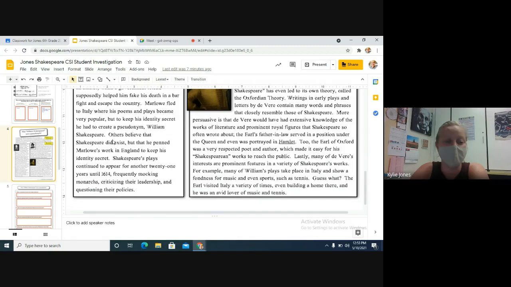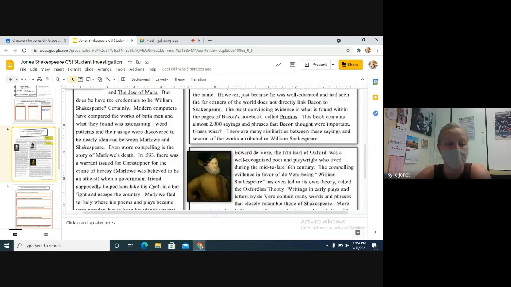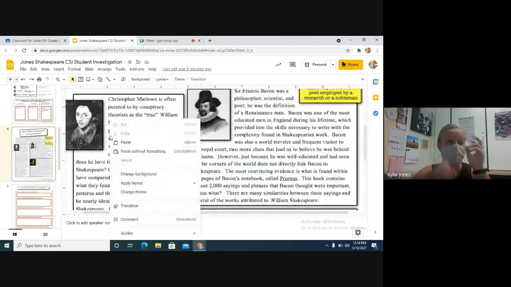Others believe that Shakespeare did exist, but that he penned Marlowe's work in England to keep his identity a secret. Shakespeare's plays continued to appear for another 21 years until 1614, frequently mocking monarchs, criticizing their leadership, and questioning their policies. So they think that this guy could have been William Shakespeare.